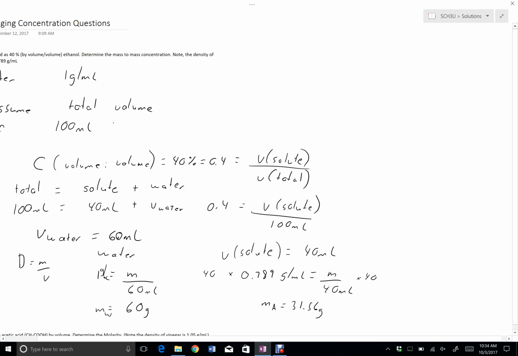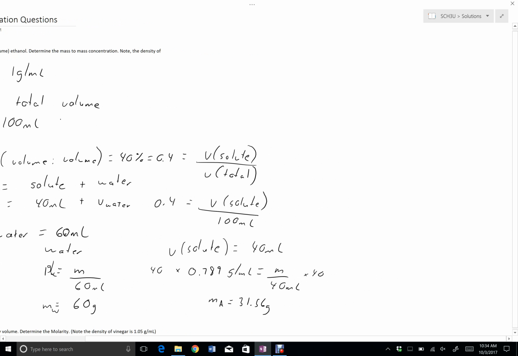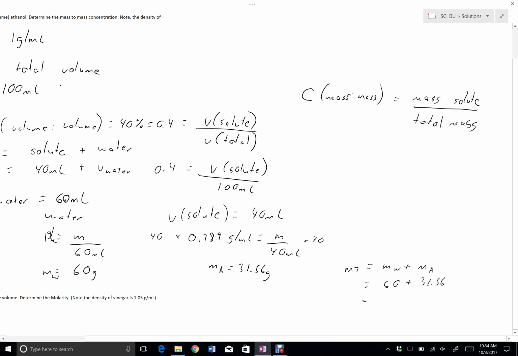And now if I want my mass-to-mass concentration, I need the mass of my solute divided by the total mass. I don't have my total mass, so let's just figure that out. MT equals the mass of my water plus the mass of my alcohol, which is 60 plus 31.56, which is 91.56.